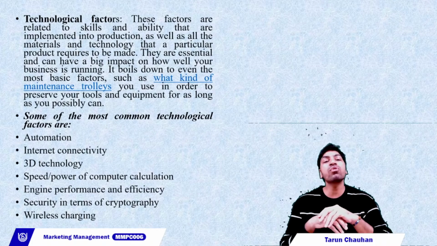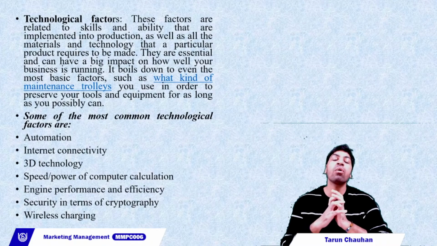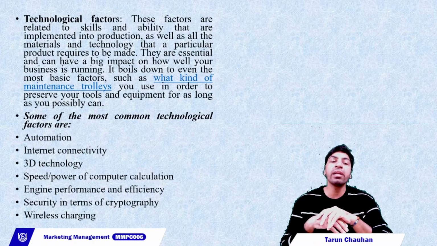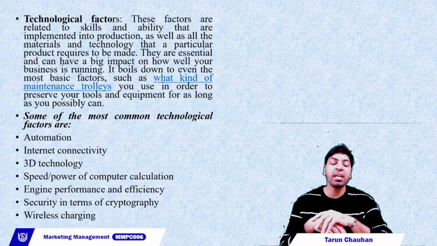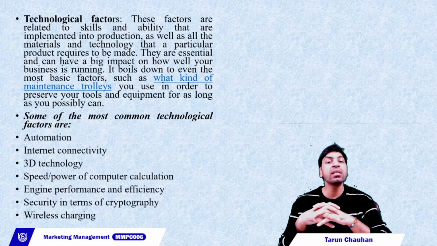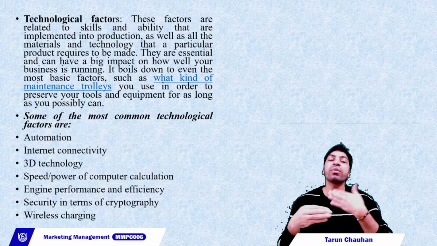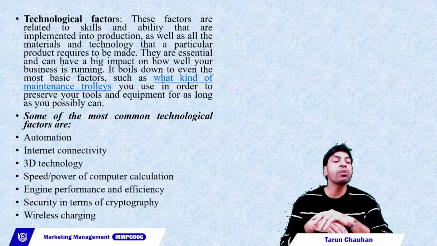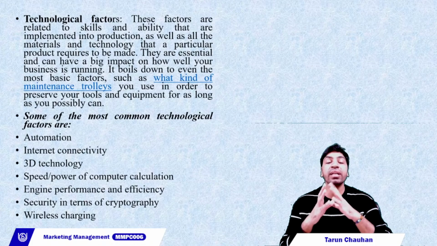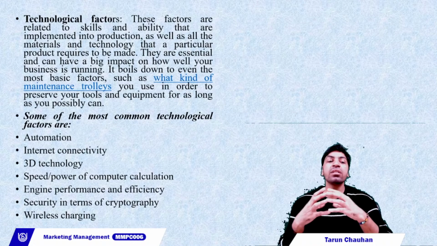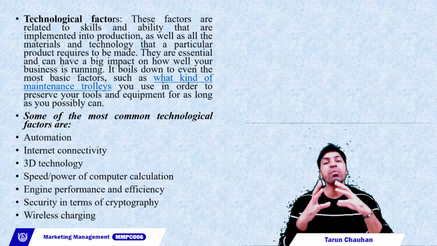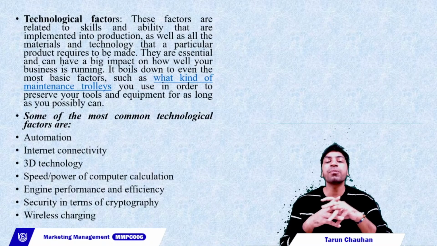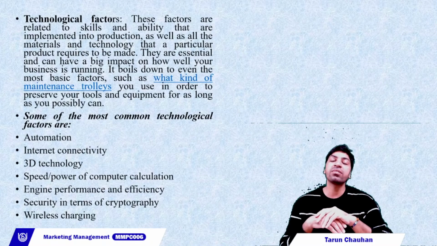Some of the most common technological factors could be automation, because the financial activities or business activities can be operated only through technology. So these are automation, internet connectivity, 3D technology, speed and power of computer calculations, engine performance of various equipment and tools, security in terms of cryptography, and the last one is wireless charging.